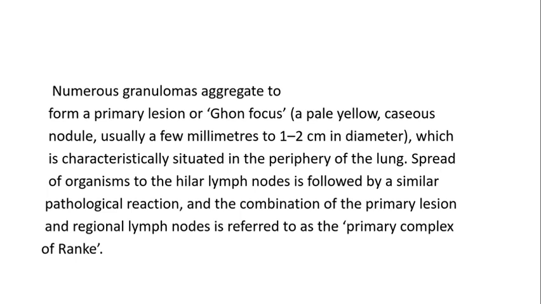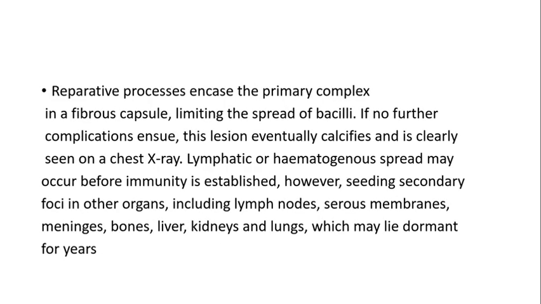Regarding pathology and pathogenesis, Mycobacterium tuberculosis is spread by inhalation of aerosolized droplet nuclei from other infected patients. Once inhaled, the organism lodges in the alveoli and initiates the recruitment of macrophages and lymphocytes.